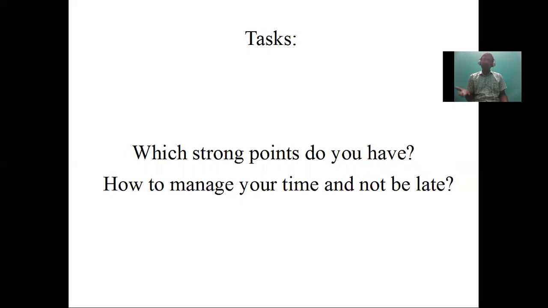Which strong points? Maybe it will be your intelligence. Maybe it will be your muscle power. Maybe it will be your educational qualification. It may be your general knowledge, or it can be many things. Your skill in any particular games like cricket, football, hockey, badminton, anything, or you can portray well, you can be a good painter.